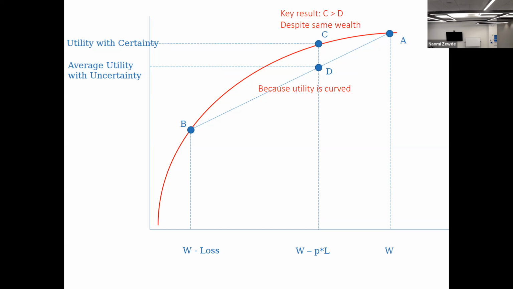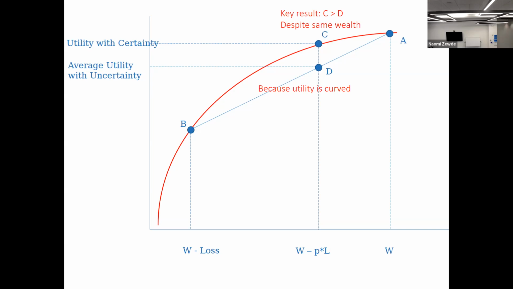And utility represents consumer well-being. So the well-being of that risk-averse consumer, even though it's an actuarially fair bet, the one that has certainty is going to have a higher utility value up here. So that's why C, utility with certainty, as it's measured on the y-axis, is higher.